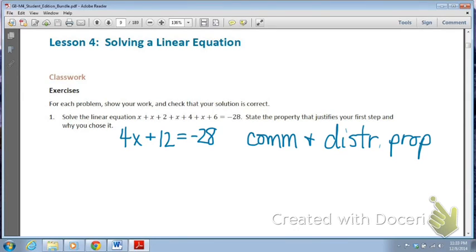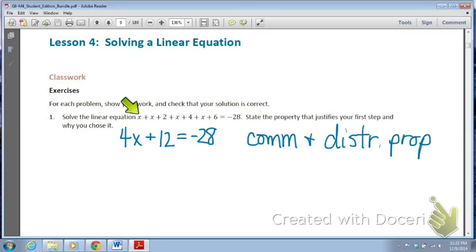Okay, so for number 1 here, I want to take this linear equation and simplify it a little bit before I start solving it. And I wonder if you notice what this equation is. This is the equation that we translated in one of the earlier lessons, where it looks like we're adding odd or even consecutive numbers.